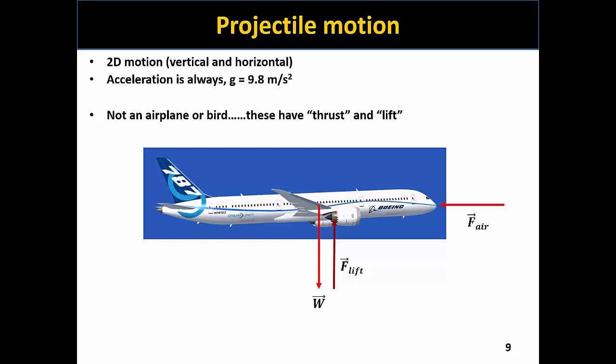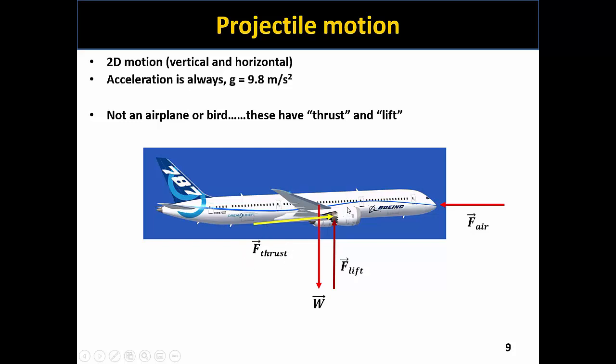In this case, it's air molecules that oppose the forward movement of the plane, but this will be proportional to the force acting in the opposite direction, and that's what's called the thrust force.